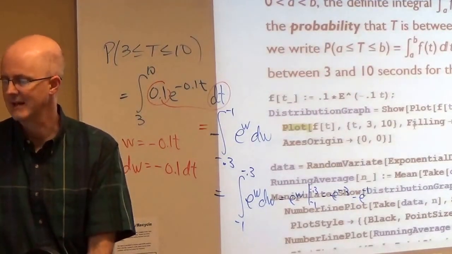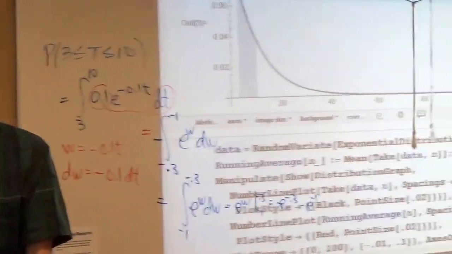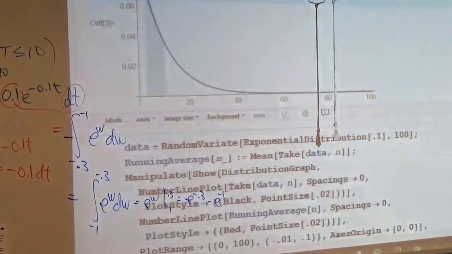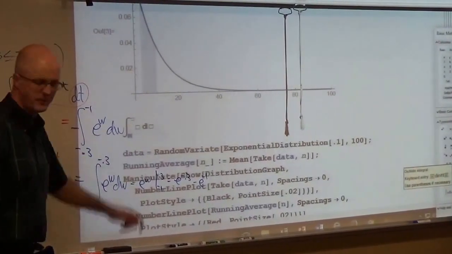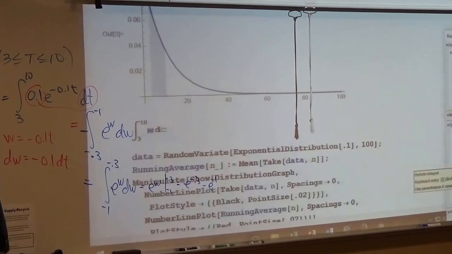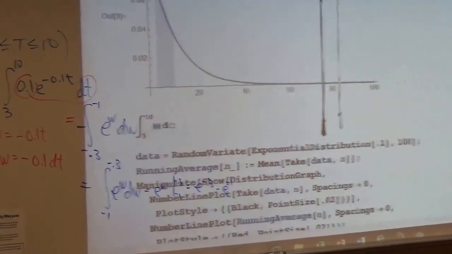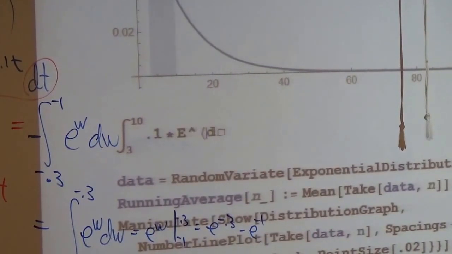How will Mathematica do it? Did we do it last time? I think we did do it. I'll type it in first as the original integral from 3 to 10. The original one was integrating 0.1 times e to the negative 0.1.